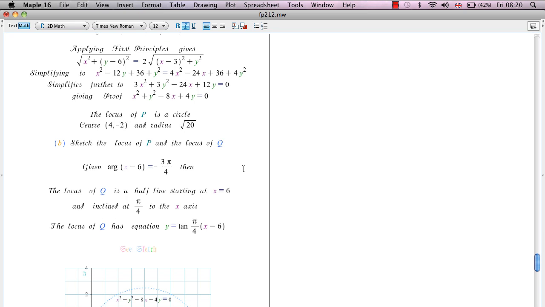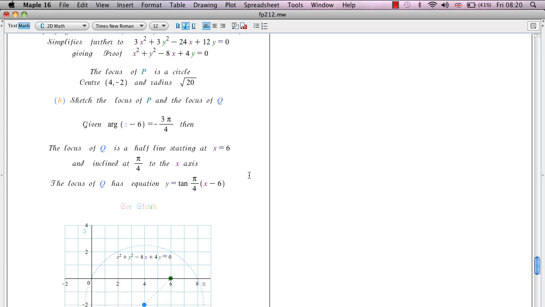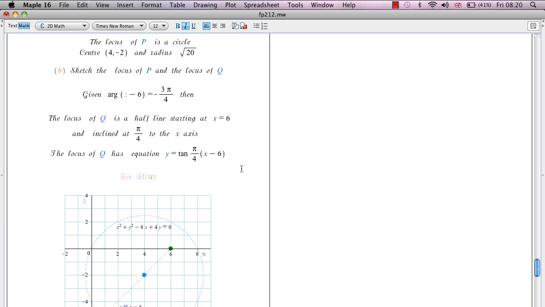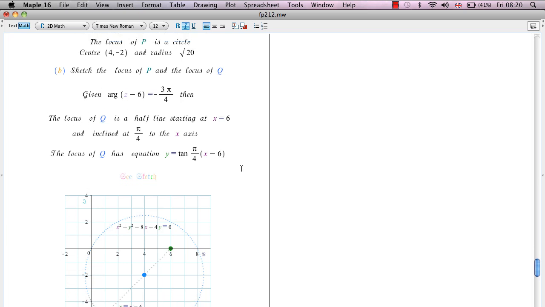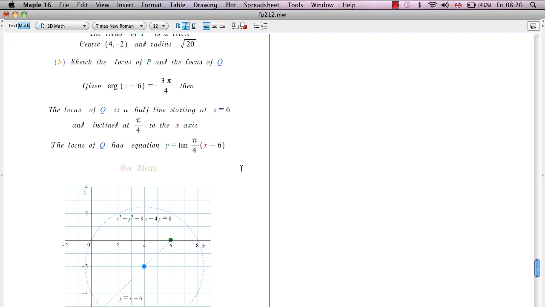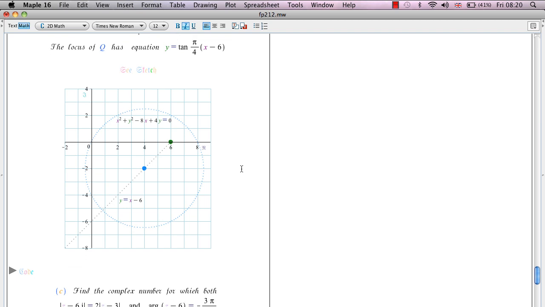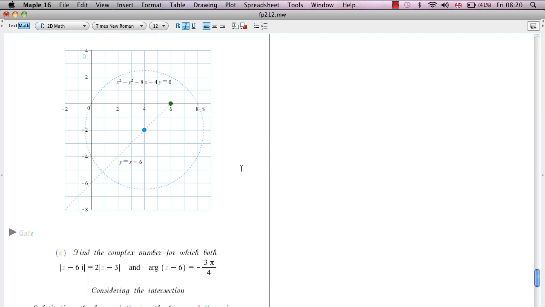So for the locus of Q, given arg(Z minus 6) equals minus 3 pi over 4, from observation we see it's a half line starting at x equals 6 and inclined at pi over 4, so we'll have the equation y equals tan pi over 4 times x minus 6. And the sketch here shows the half line and the circle.